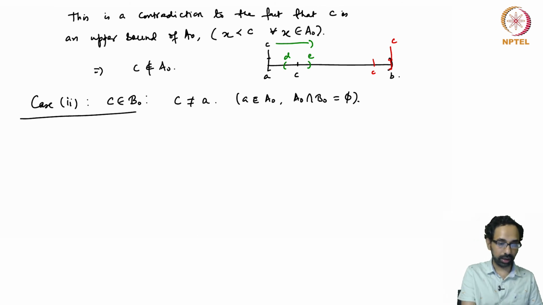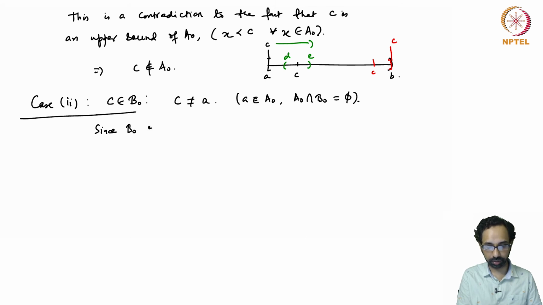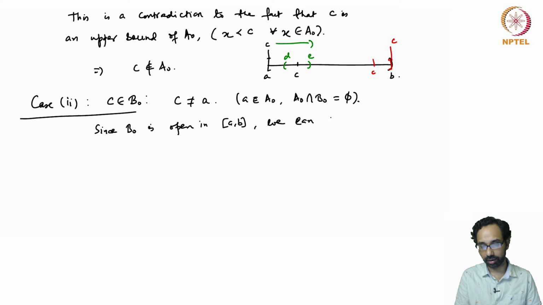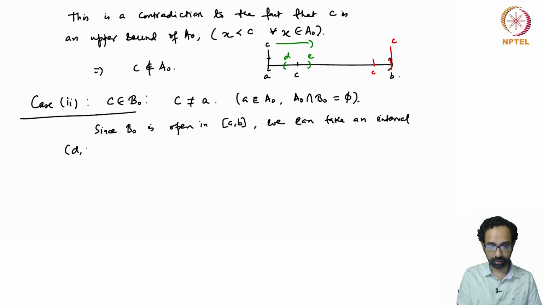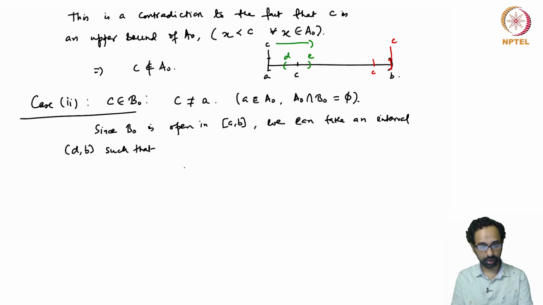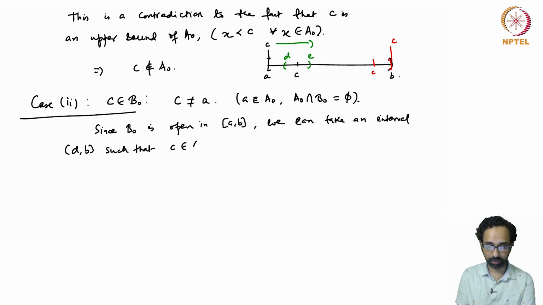So again, since B0 is open in AB, we can take an interval DB such that C belongs to DB, and this is a subset of B0.